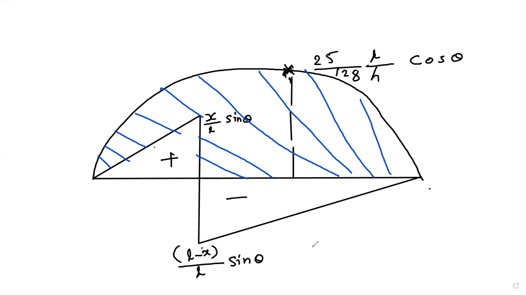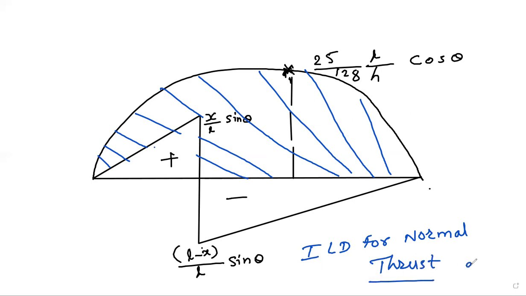So this is your ILD for normal thrust at D. Whatever the value of Vg, that is y1, y2, you have to multiply only by sine theta or cos theta.